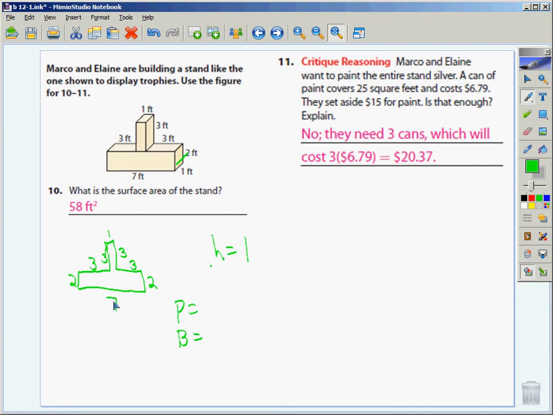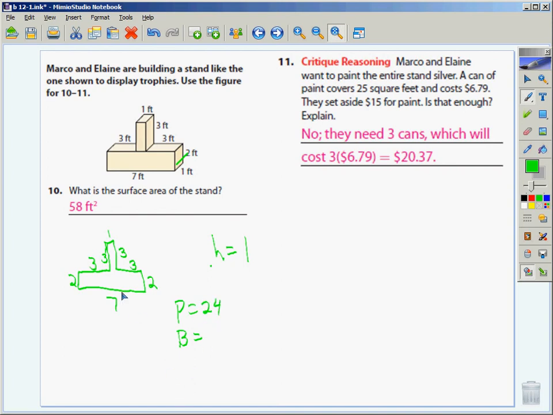So I'm going to add up going around the outside. 7 and 2, 9. 9 and 3, 12. 3 more, 15. Plus 1, 16. Plus 3, 19. Plus 3, 22. Plus 2, 24.